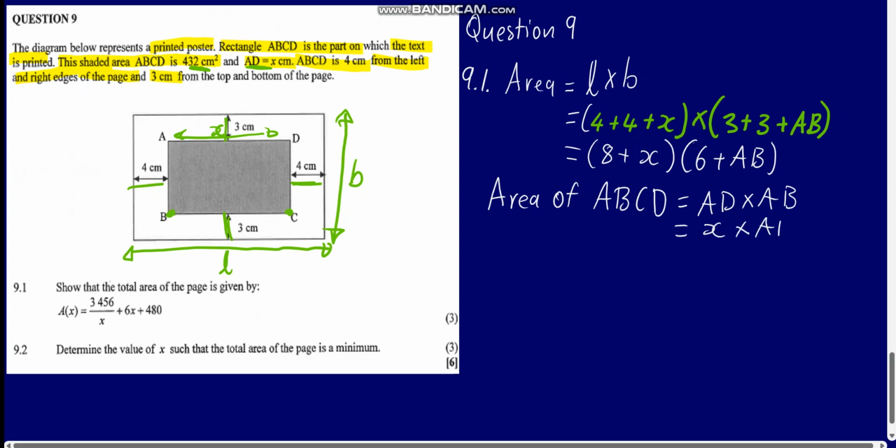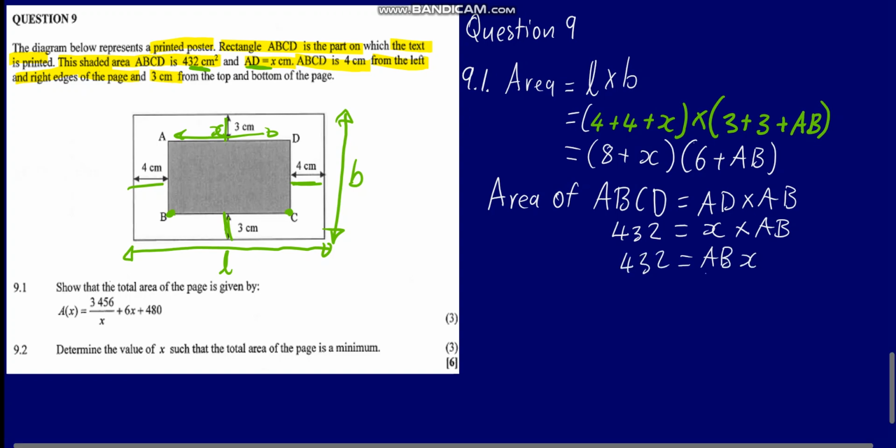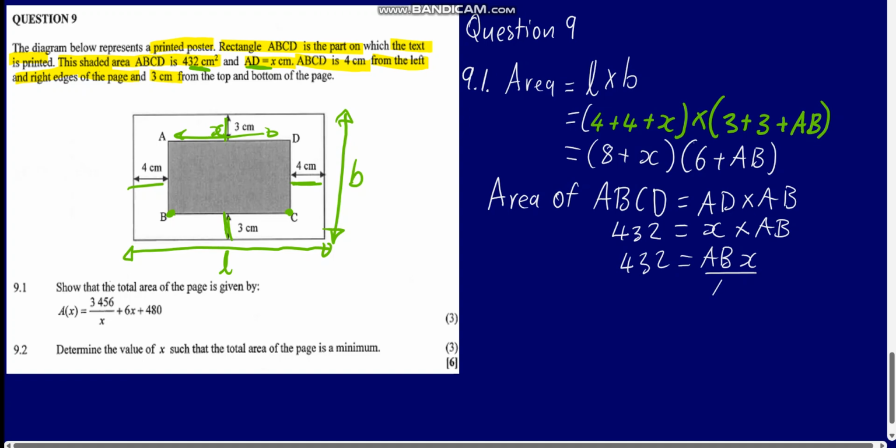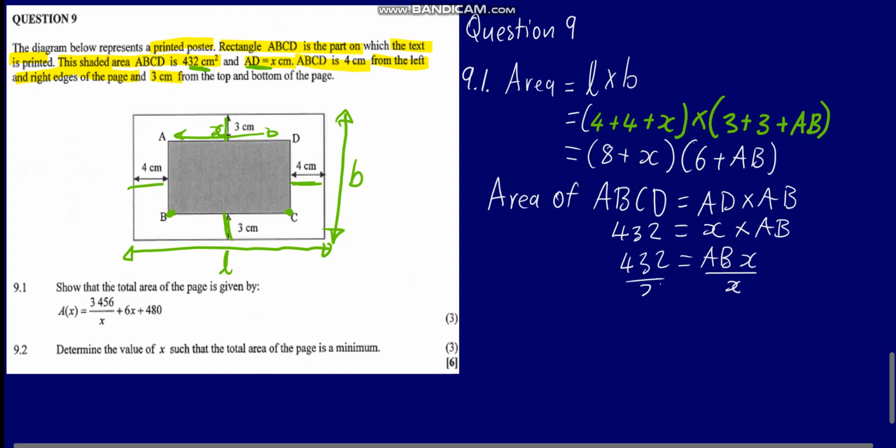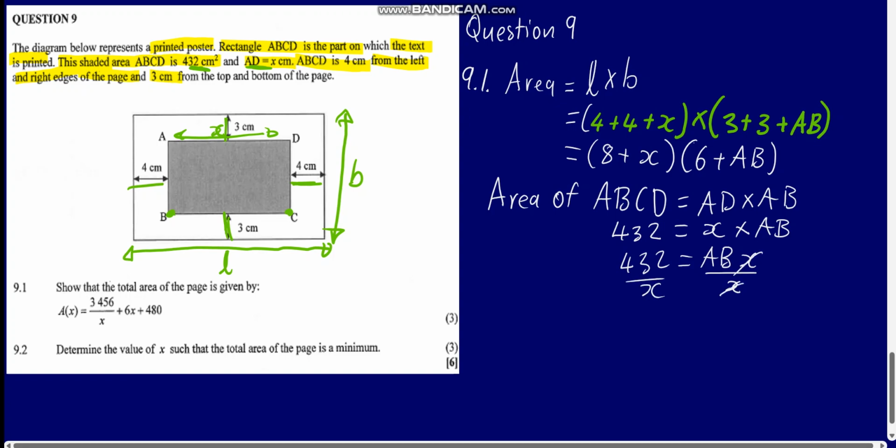Then we have the area's value here. It's 432. So now we'd have x times AB equals 432. We'll divide both sides by x, because we want to make AB the subject of the formula so that we can substitute it there. Dividing by x both sides, we'll be left with the AB expression being 432 over x.